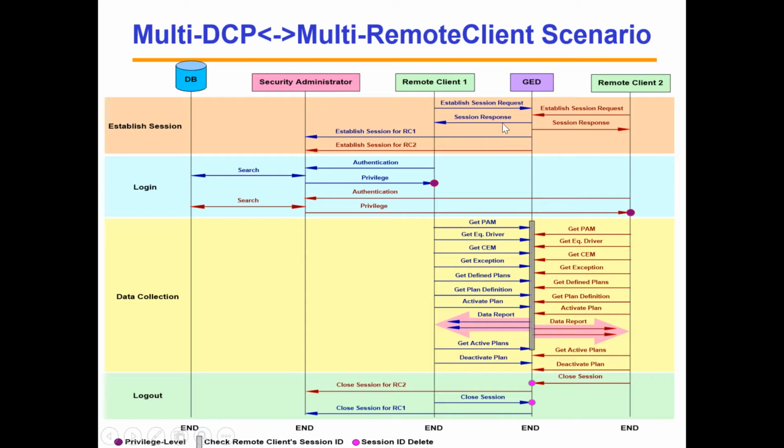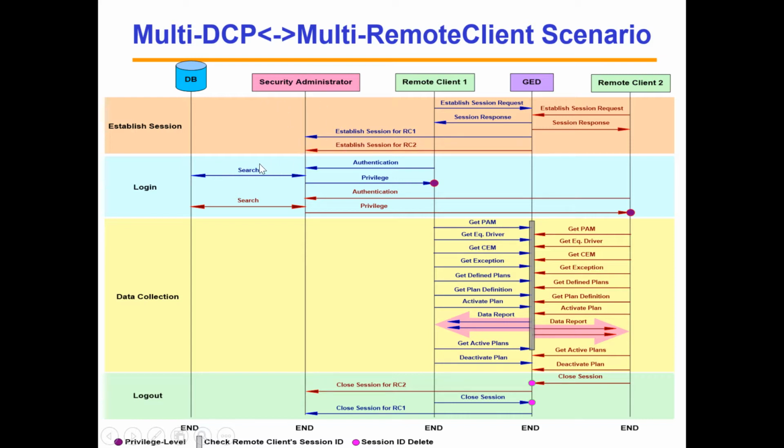So how to establish sessions? Do you remember in the last section, what I told you, we just had a single client. Here we have two remote clients, so we need to establish two sessions: remote client 1 to GED, remote client 2 to GED, and establish the session for remote client 1 and 2 with the security administration.